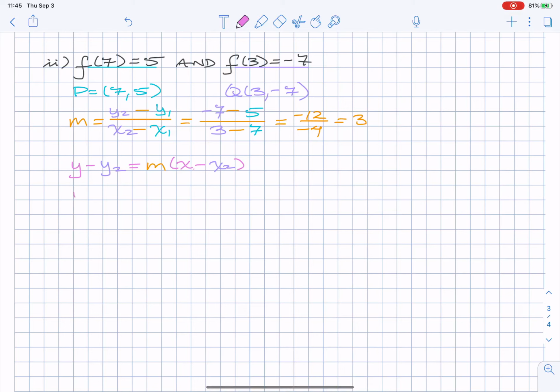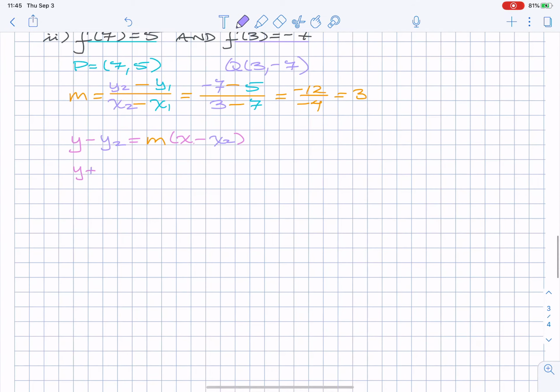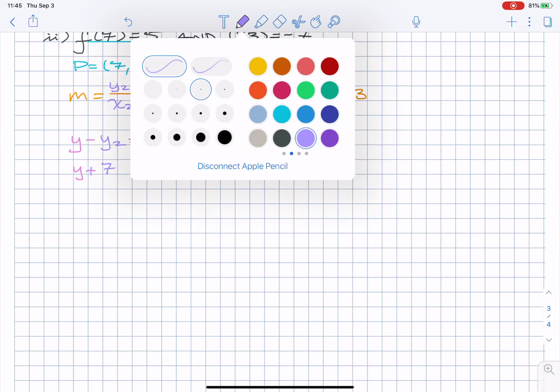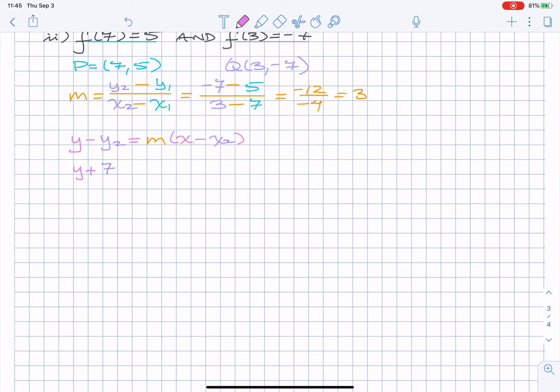So we have y minus, in this case it's going to be a negative 7, so this will be plus 7, is equal to, we found the slope was 3, times the quantity x minus 3.